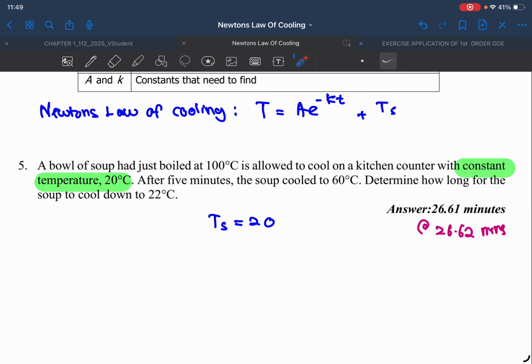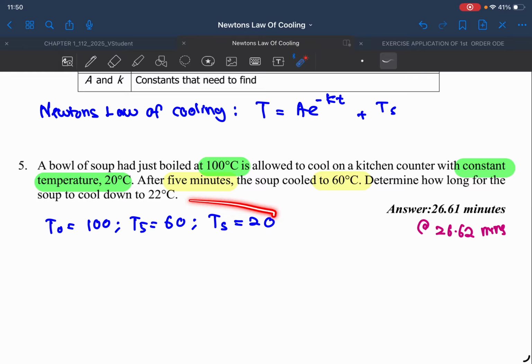The 100 here is the initial temperature, so your T naught is equal to 100. After 5 minutes, the soup has cooled to 60 Celsius, so T5 is equal to 60.